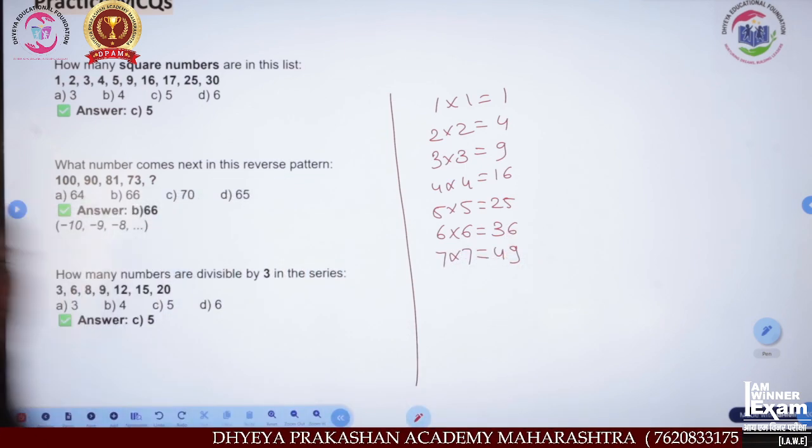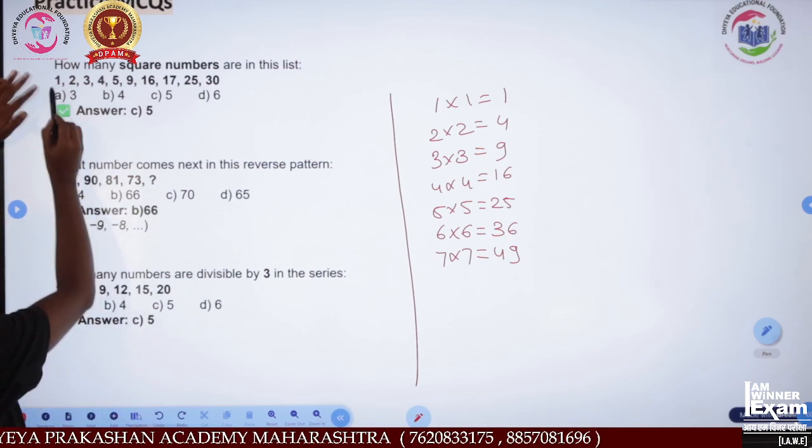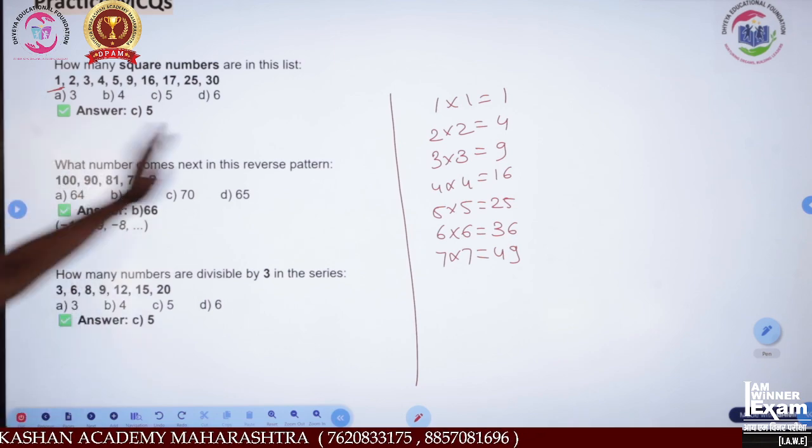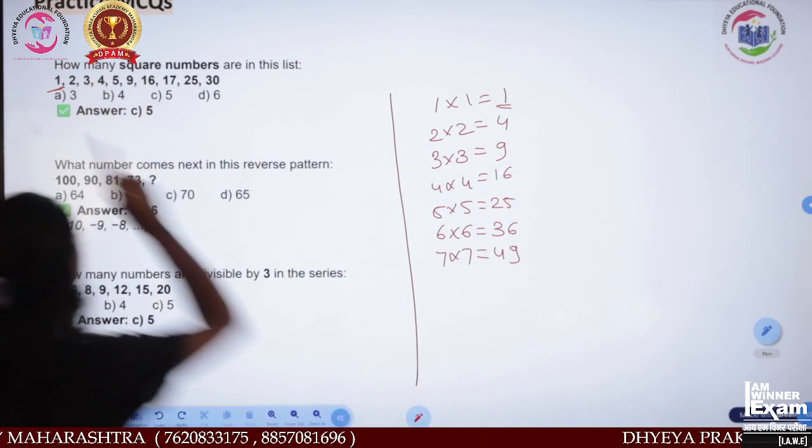Okay, this will be sufficient to find out. Okay, so let's check. Now is 1 is the square number of any 1? Yes, 1. So 1 is the square number.